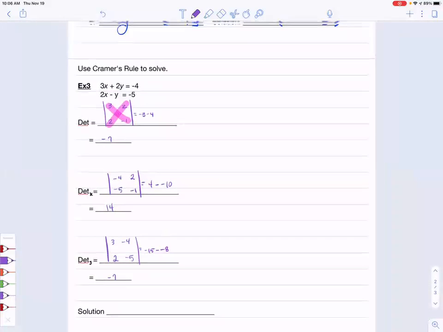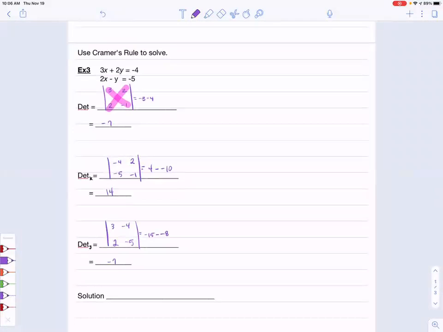Okay, so now I have these three determinants. What do I do with them? This is where Cramer's rule all boils down. What do I do with them in order to find my solution? Okay, so d sub x, which is 14, over, what did you say?